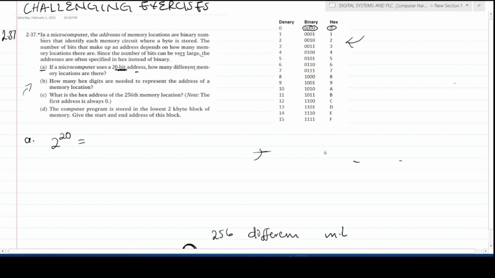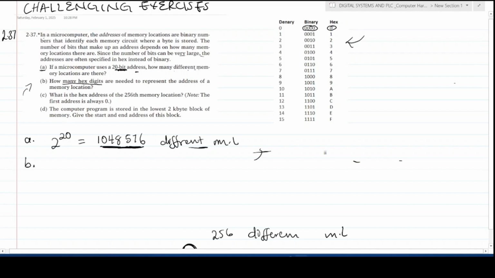If you punch your calculator, you're going to get 1,048,576 different memory locations. So that means you can store 1,048,576 different memory locations if you're using a 20-bit address. That's number one solved.